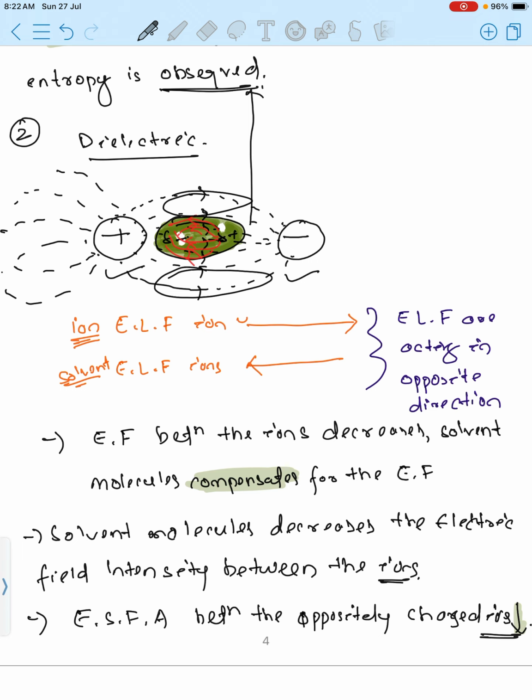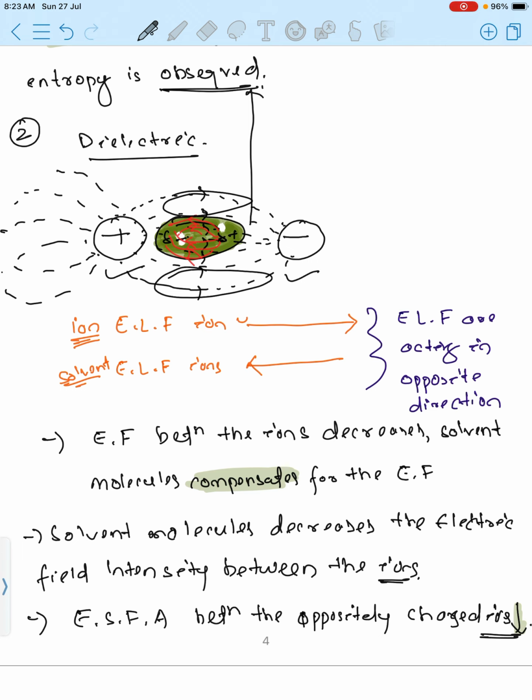And if the solvent can decrease this electrostatic forces of attraction to a larger extent by creating a larger electric field in between them, then the extent of decrease of electric field between the ions will become more and more high.